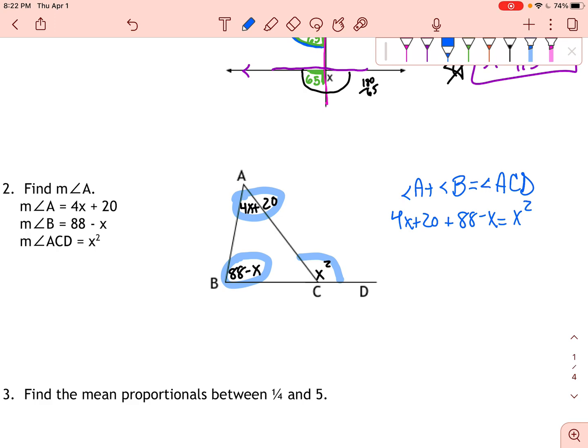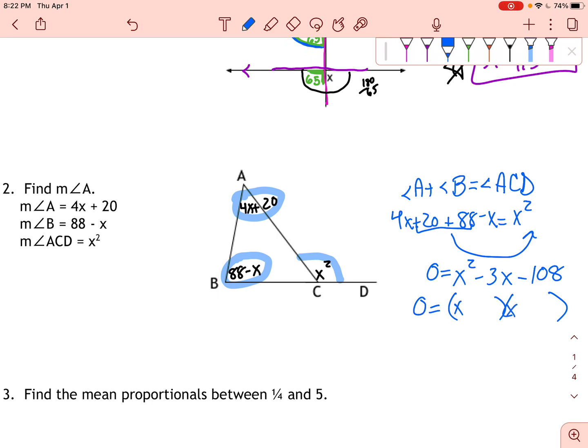Immediately I see an x squared, so I'm going to move everything over to the other side. Okay, so we want it to be set equal to 0 so I can factor this down. Combining my like terms while I do this, I have x squared minus 3x minus 108. Okay, so I'm going to factor this down. What multiplies to make x squared?